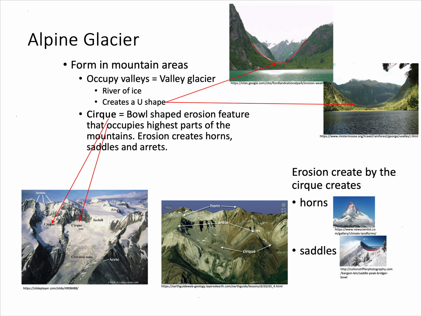In this case, it's faster moving ice where there's less friction. We've got slower moving water near the edges and the banks and the river bottom because of a higher friction coefficient. This is the same thing with this river of ice. The slower moving ice is along those margins that are in contact with the rock material.